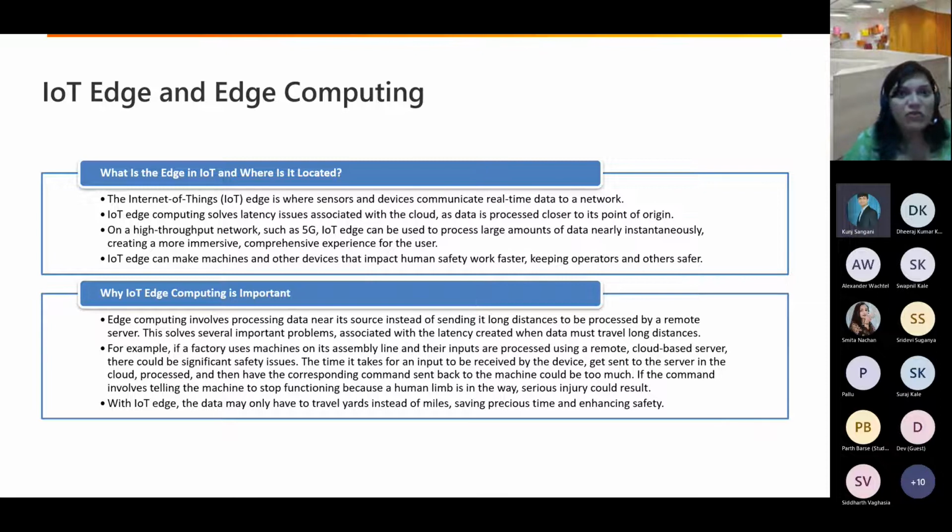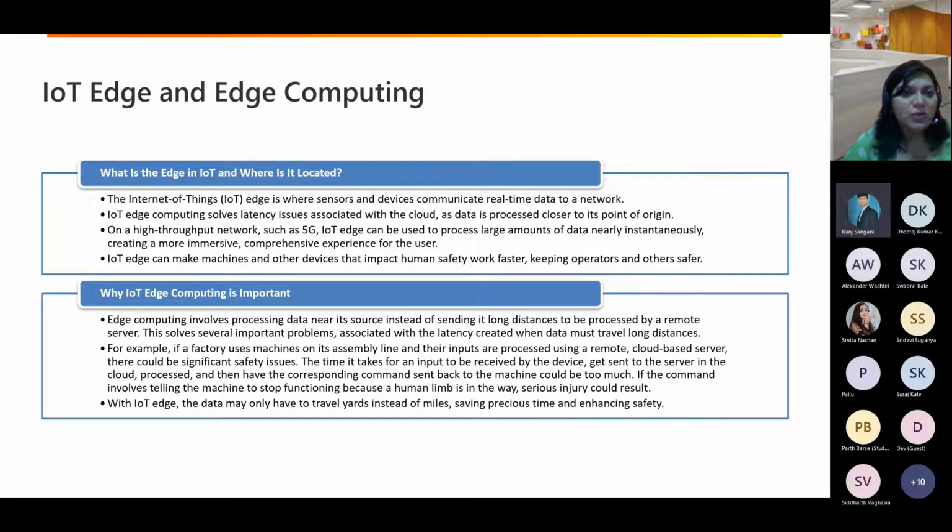So edge computing is when you're disconnected from the internet. You might not have an active internet connection, and these IoT devices which are transmitting the data should be able to do the analytics within the device itself, without relying on the cloud, without relying on cloud analytics. So that is called edge computing.